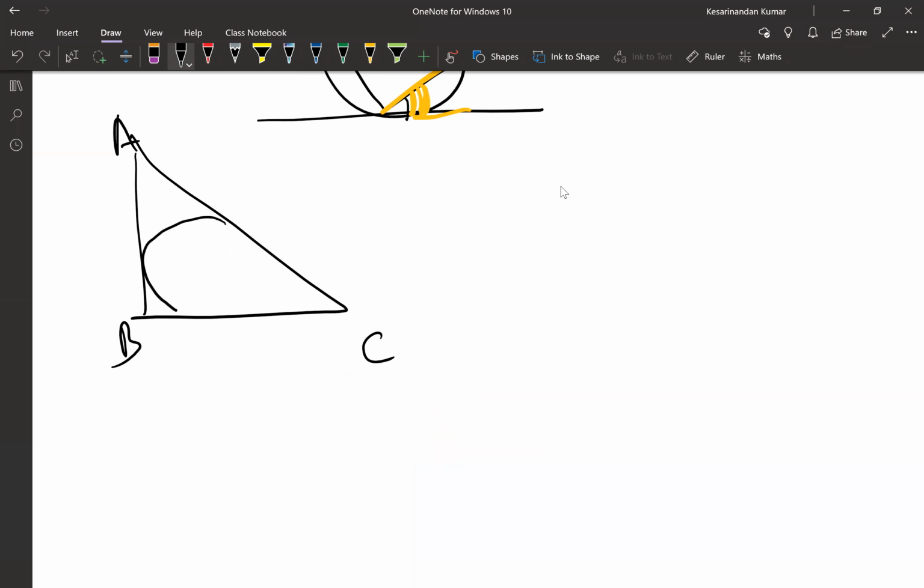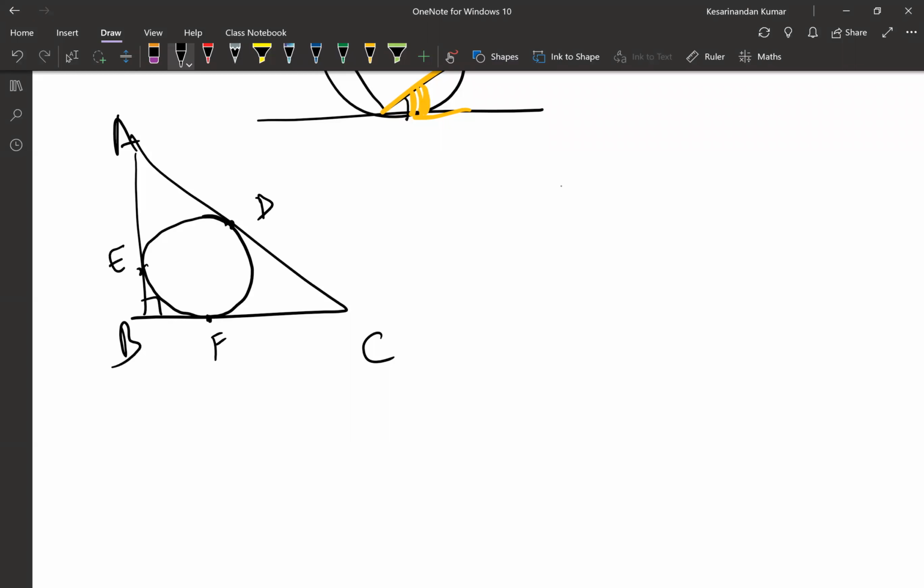So this will be your incircle, and the point of contact here would be D. Let's take this E, and this would be F. As usual, this will be 90 degrees. The point of contact of the incircle with the hypotenuse divides it in the ratio 3:2.